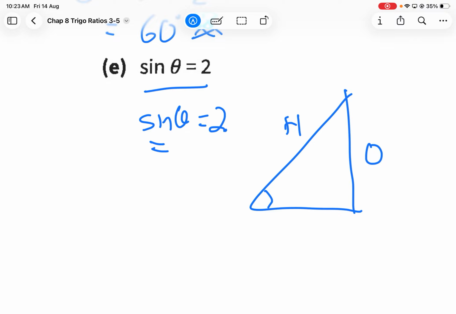This one is important. Everyone stop writing first. In a right angle triangle, hypotenuse is the longer side. So what is the biggest possible sine? Your hypotenuse is the longest side.